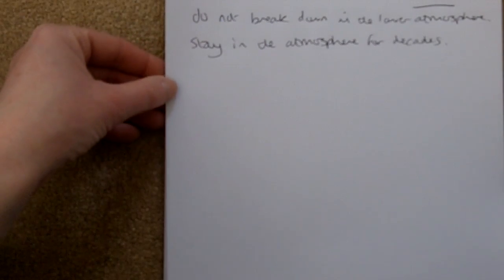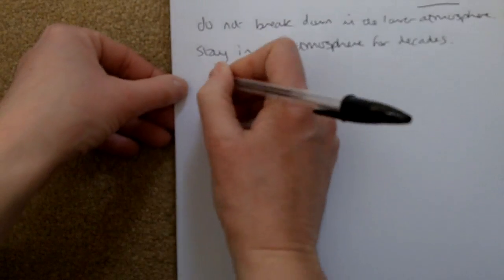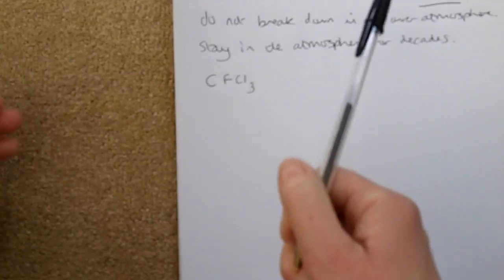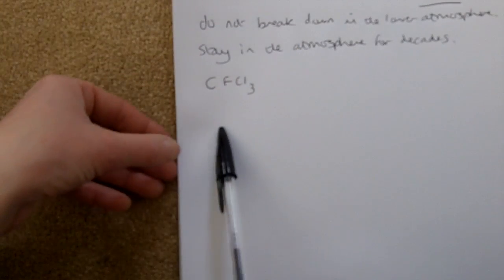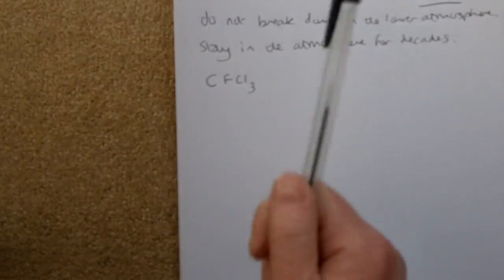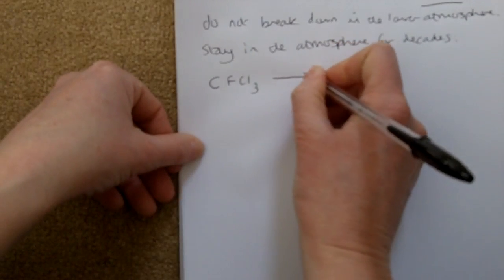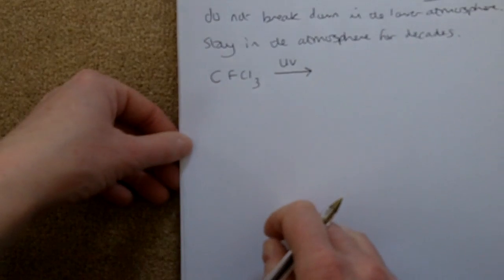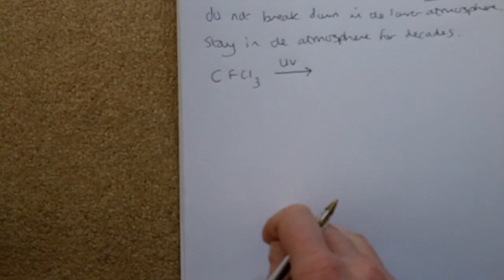Okay, and then what happens when they reach the stratosphere? You need to know what happens. If we take the simplest example, you could be given any chlorofluorocarbon in an exam question, but I'm just taking the simplest example here. The high energy UVC breaks the bonds because they're very strong bonds.